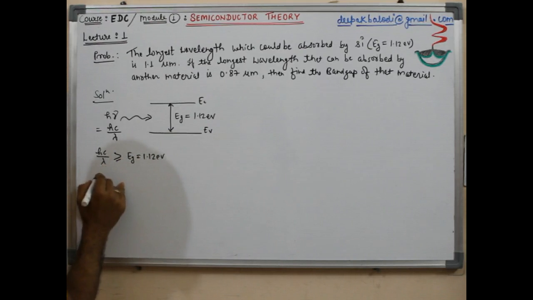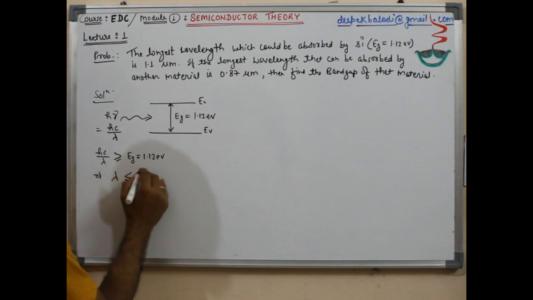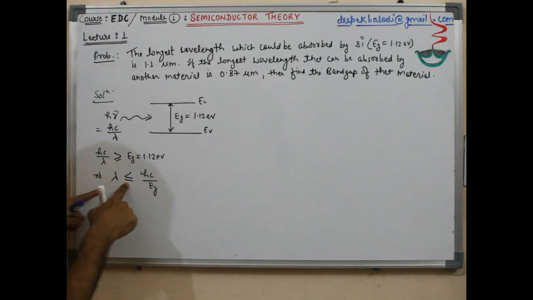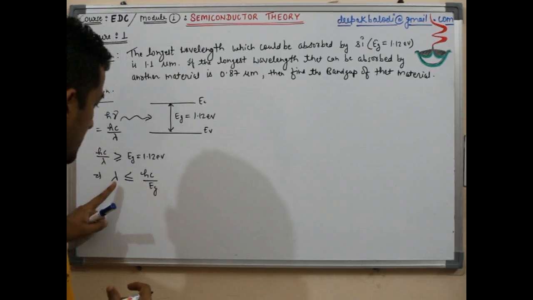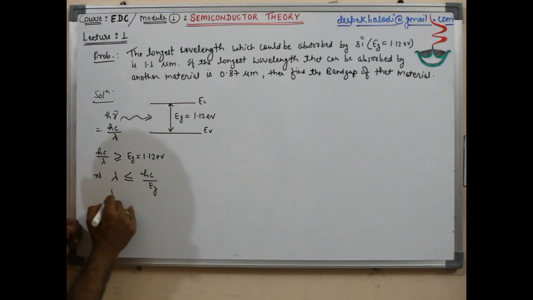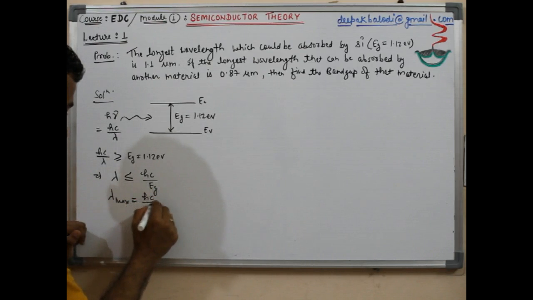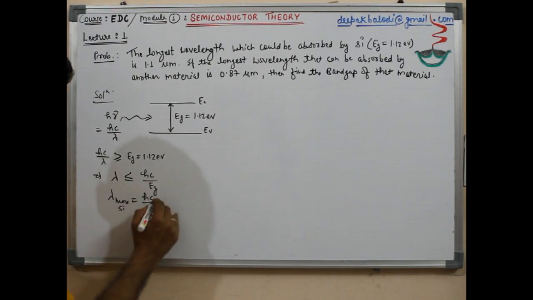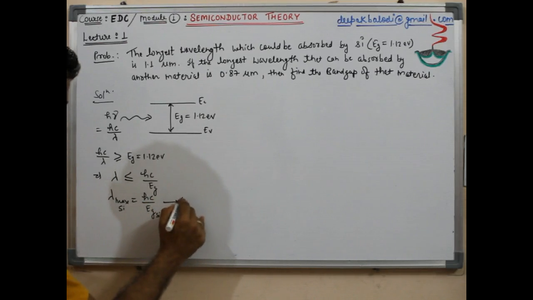Therefore, lambda should be less than or equal to hc by Eg. So if lambda has to be lower than this value, then the highest lambda is hc by Eg. So lambda max is hc by Eg. Now this whole thing is for silicon. H and c are constants, Eg is for silicon. So this is equation number 1.